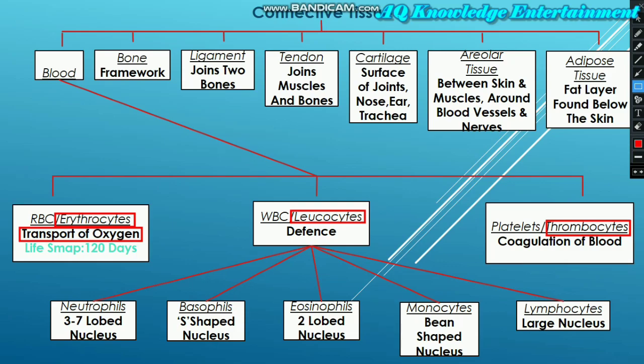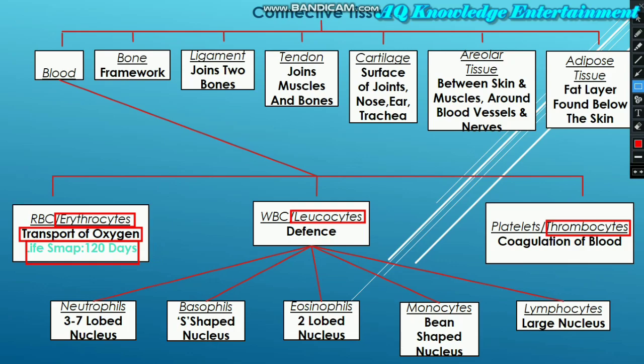They transport oxygen, and the main point to keep in mind is that their lifespan is 120 days. Every red blood cell lives for an average of 120 days. So this is an important point.